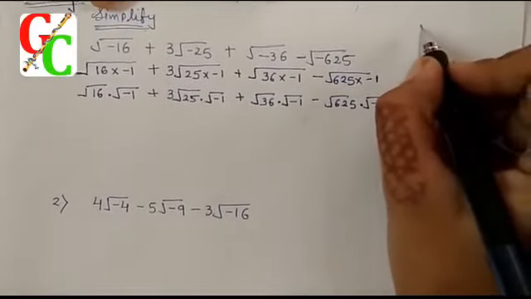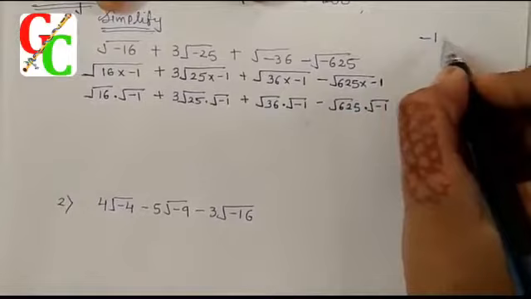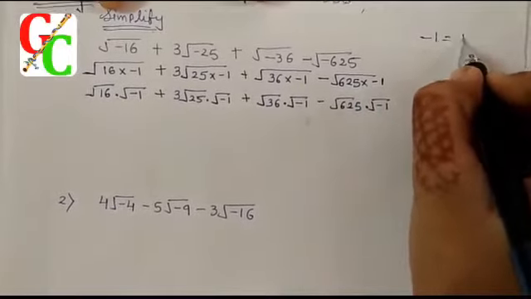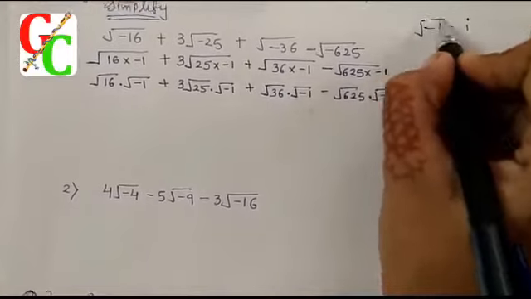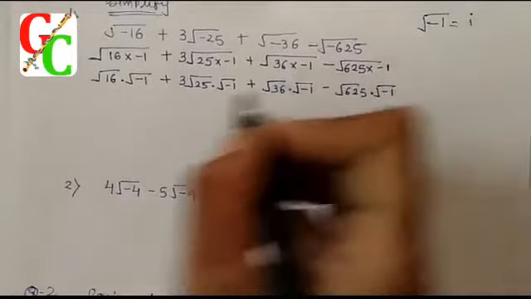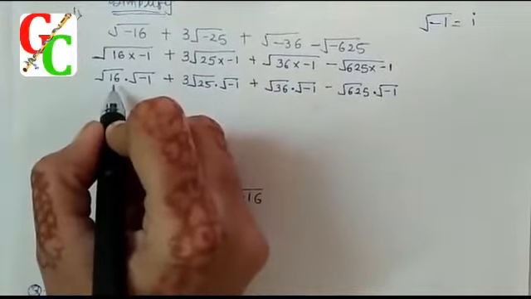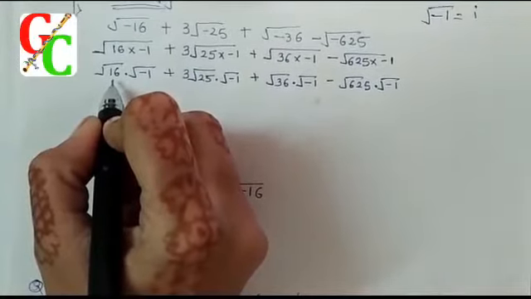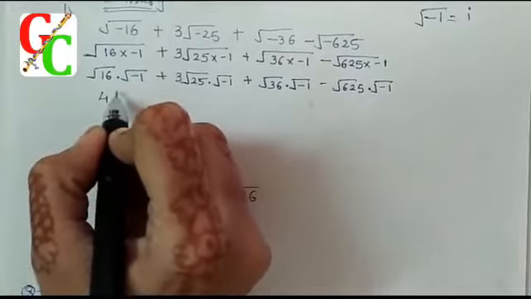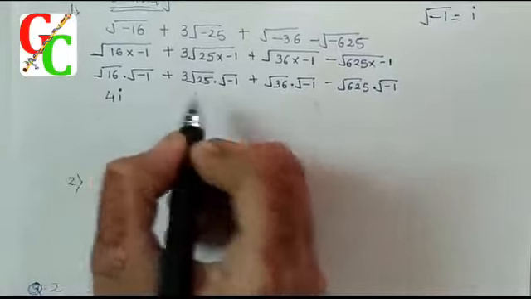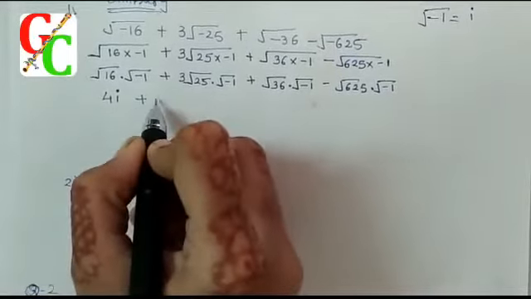What is the value of root minus 1? The value of root minus 1 is i. So the square root of 16 is 4, and root minus 1 is iota, so 4i, plus 3.